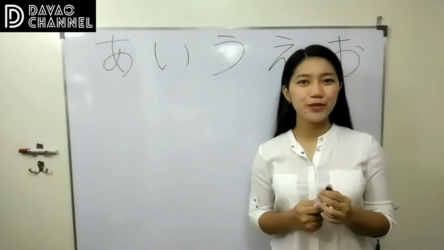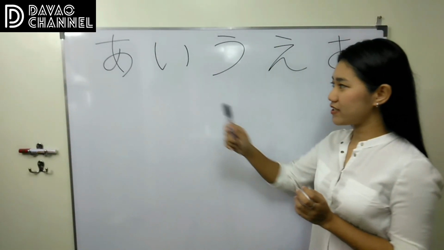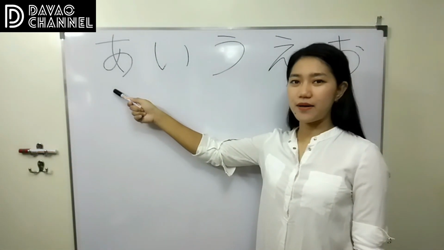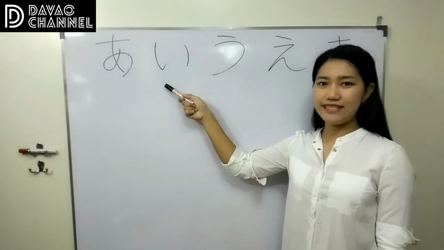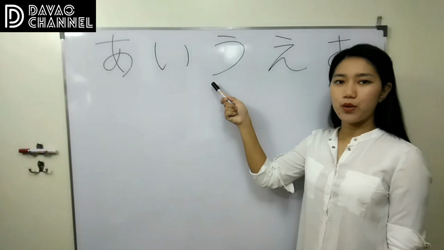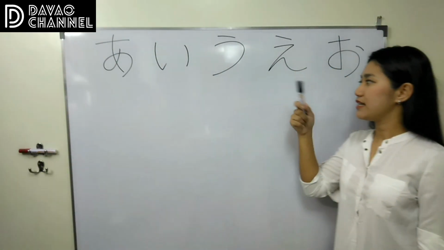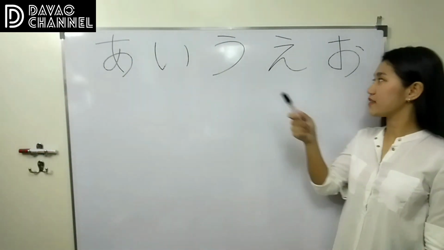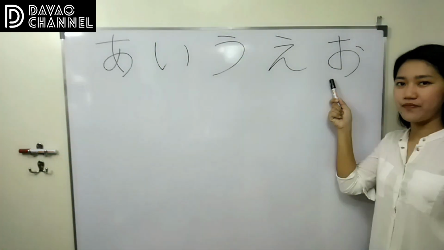Let's begin with the proper pronunciation of each of the vowels. Let's start with this vowel. It is pronounced as a, i, u, e, o.